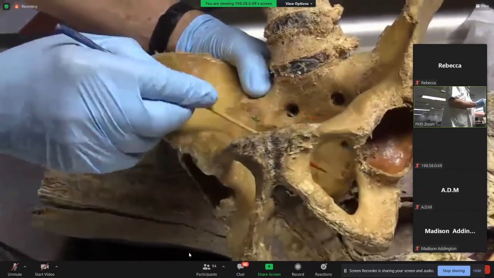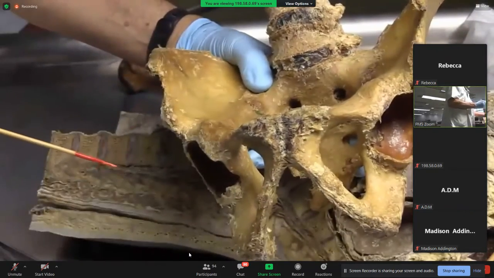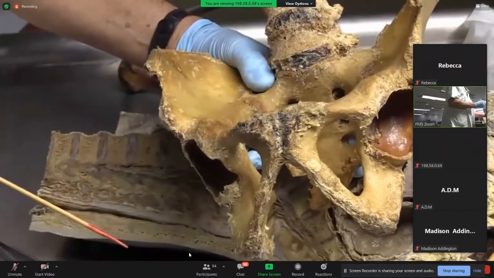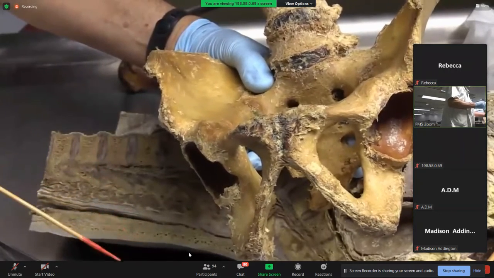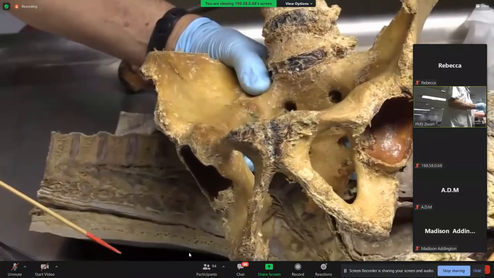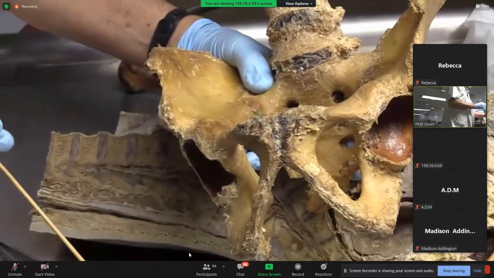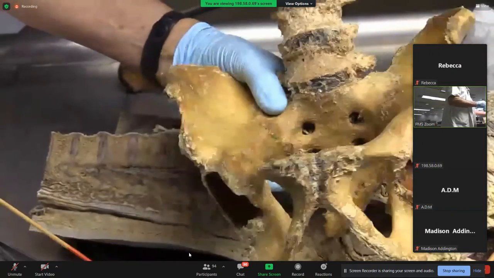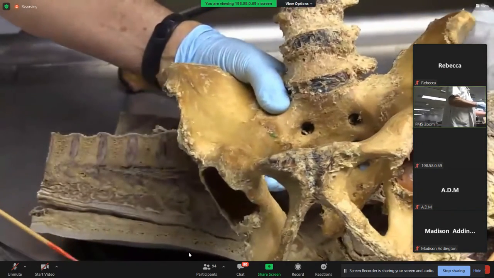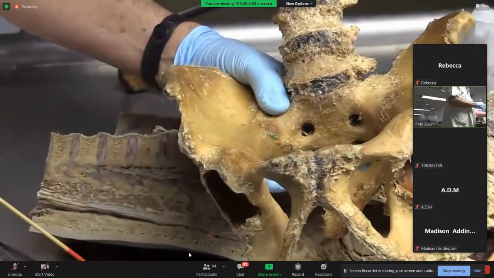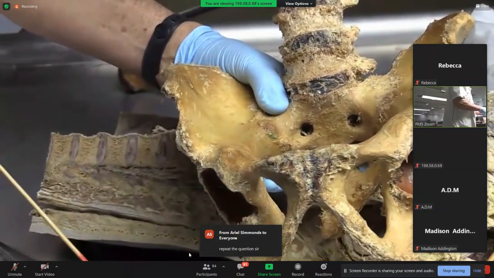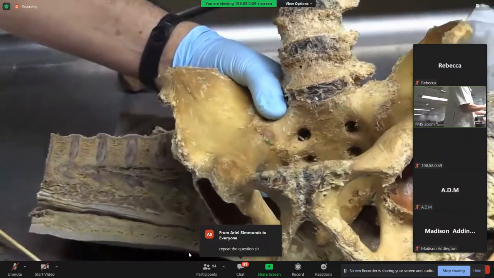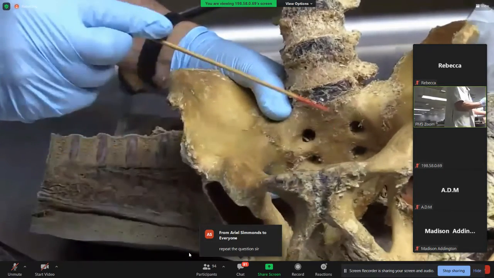Anybody knows? What's it called? Presacral fascia of who? Come on, Donnie Johnson. Whose name? Of Waldeyer. The presacral fascia of Waldeyer.